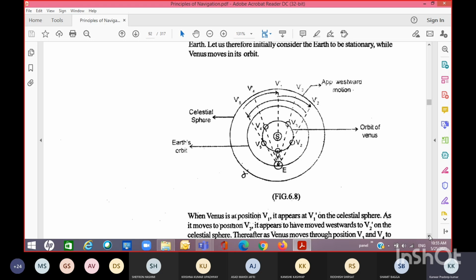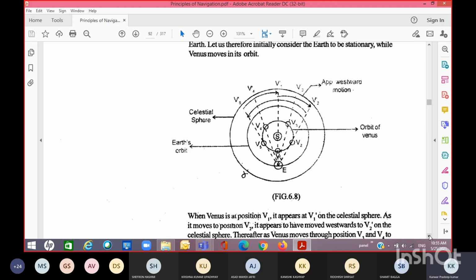Earth is stationary. So whatever time it takes, 3 months or so, from V5, like a pendulum, Venus will move on to V2. After that, you see what is happening. V5, V1, V2, V3.